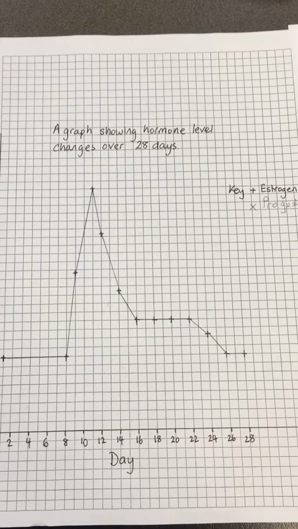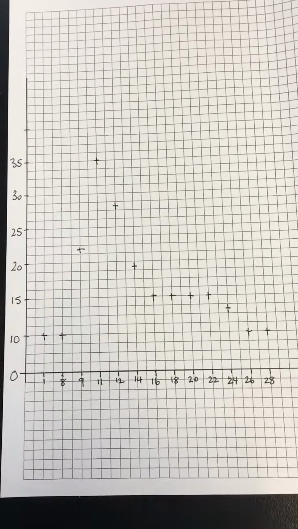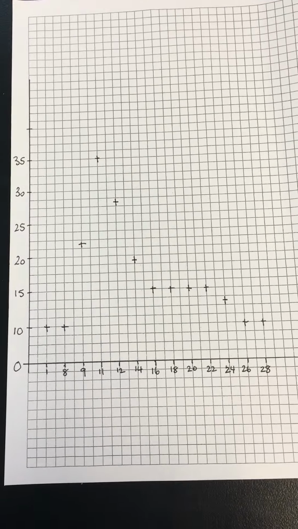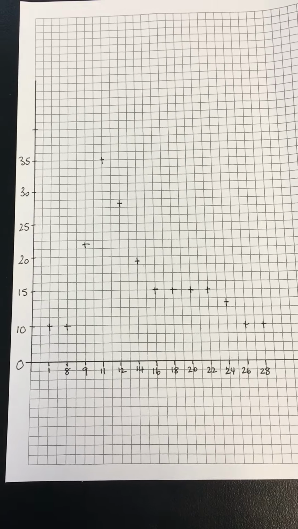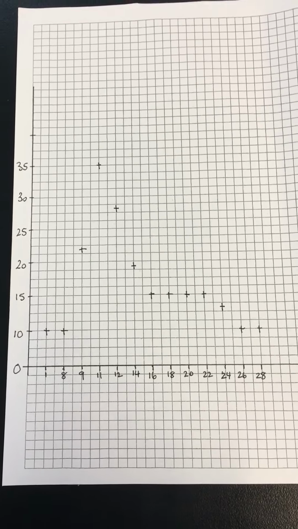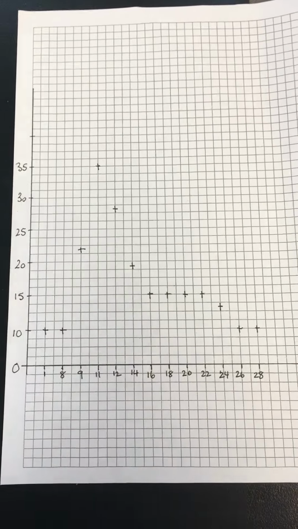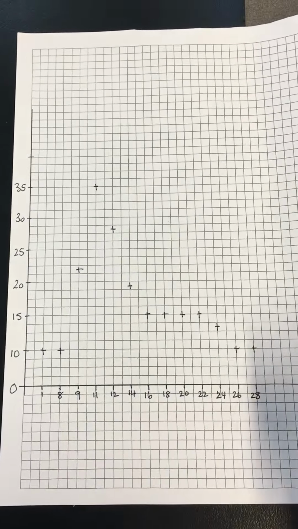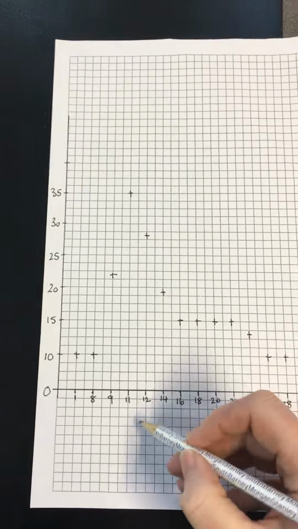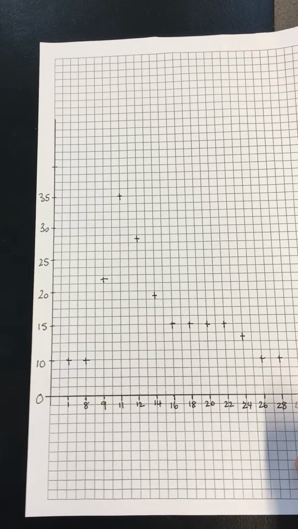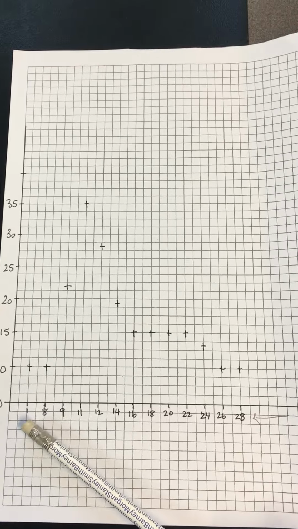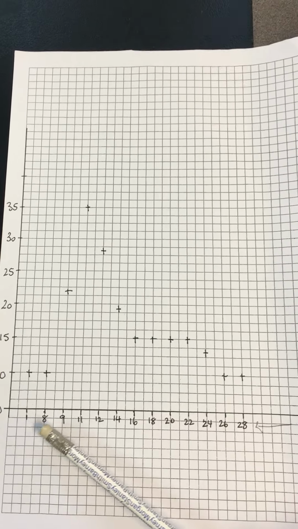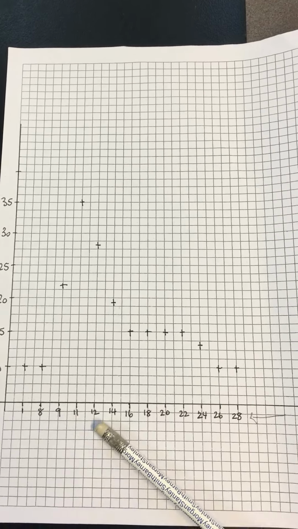Let's have a look at this graph over here and see what mistakes have been made. So pause this video and see if you can spot a few mistakes that have been made on this graph. Okay, now you've had a chance to have a look at it. You should notice that the biggest mistake is happening on this axis here, because they have gone up not like a ruler, but they've just put the digits as they appeared in the table.